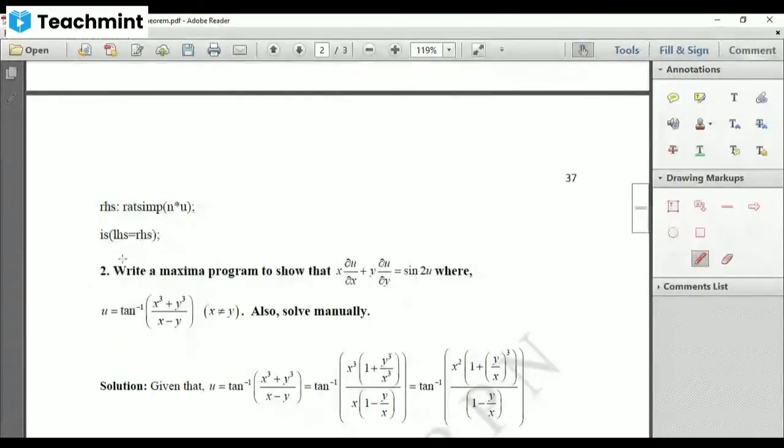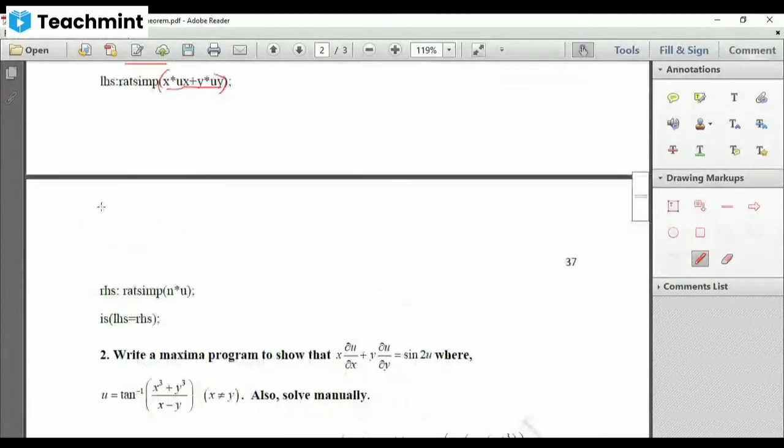Is(LHS, RHS) with a semicolon: if these two are equal, it displays true. That means Euler's theorem is verified. If they are not equal, it displays false. That means Euler's theorem is not verified.